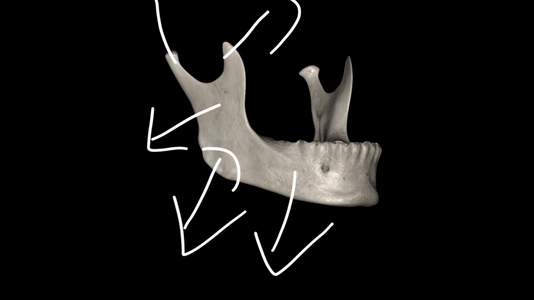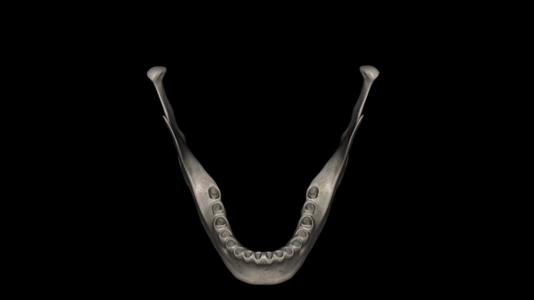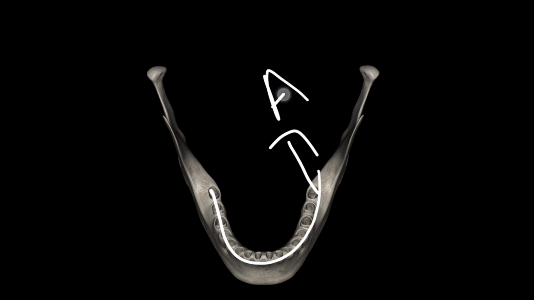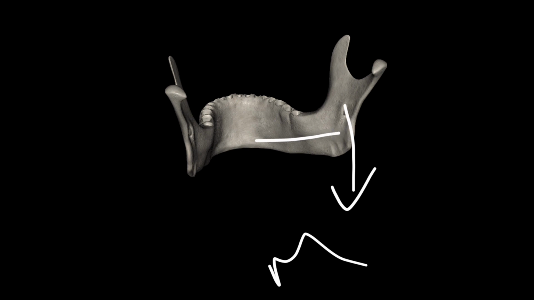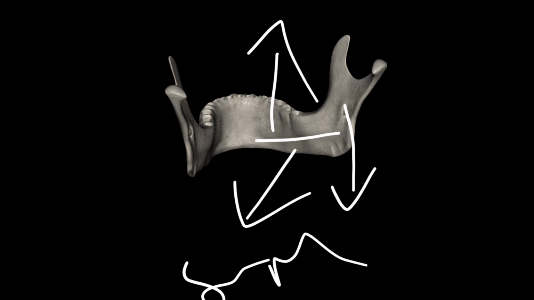Coronoid process, condylar head and condyle. This is the mandibular notch. This is the alveolar bone and this is the alveolar socket. Mandibular foramen, mylohyoid line, lingual fossa, submandibular fossa.